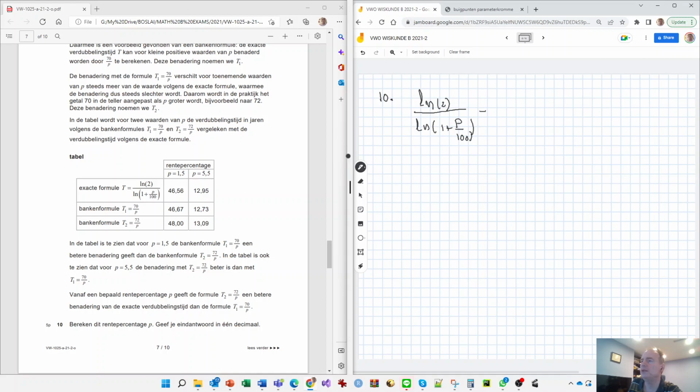So this will be one approximation is equal to log 2, the whole thing again, minus 72 divided by p.